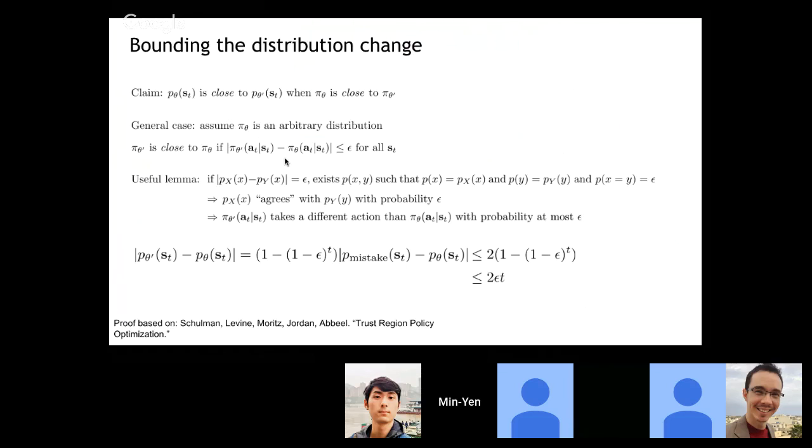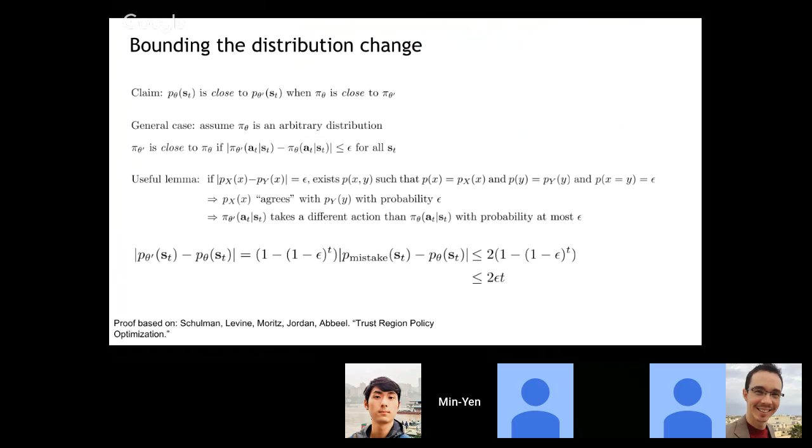They are close if the total variation divergence between the two action distributions is bounded by epsilon for all states.